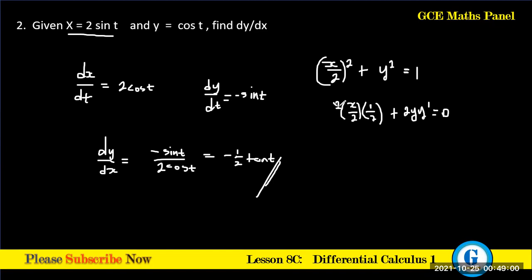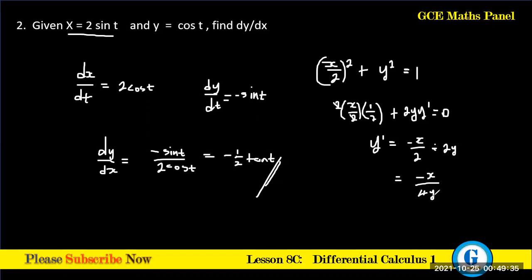So these two cancel out these two, and we'll be left with y prime equal to minus x on 2 divided by 2y, which is the same as minus x on 4y.